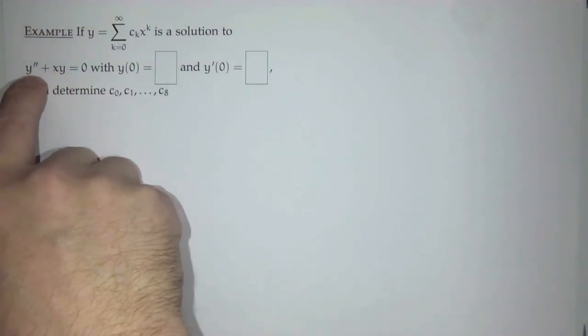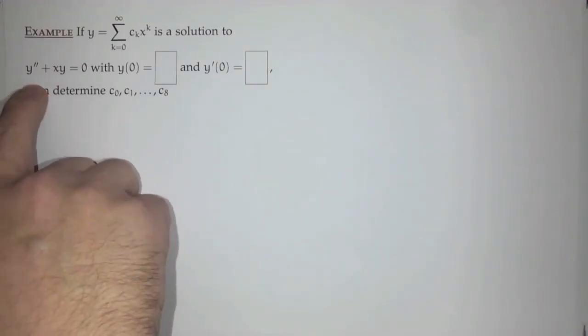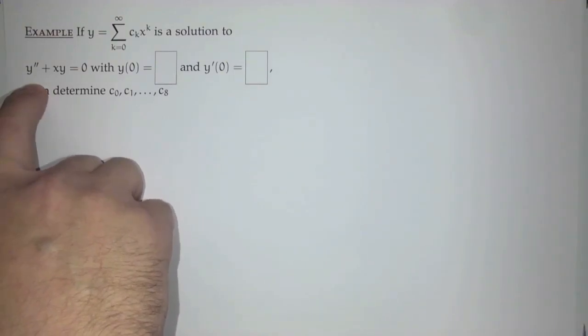Now, if you saw y double prime plus xy equals 0 on a test, what would you normally do? Well, separation would work if it was y prime. This is y double prime.